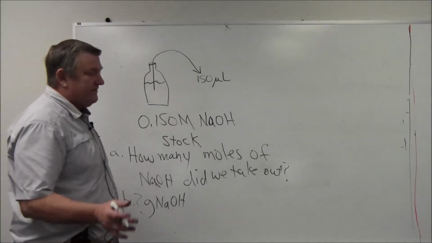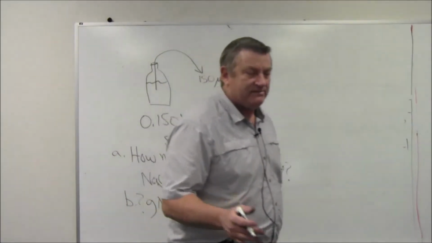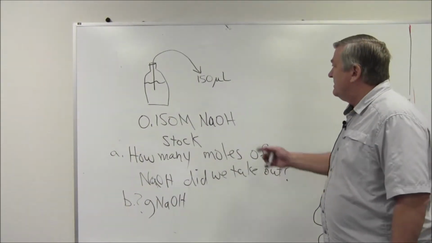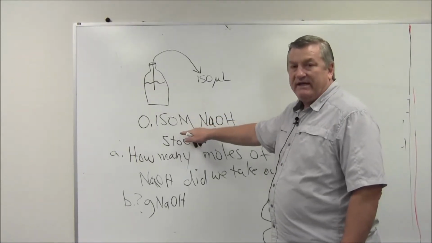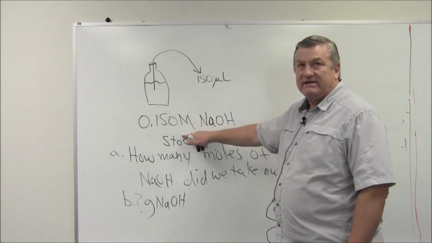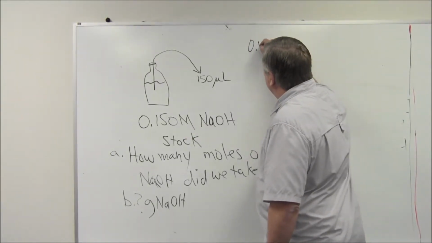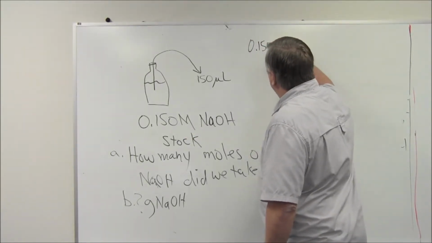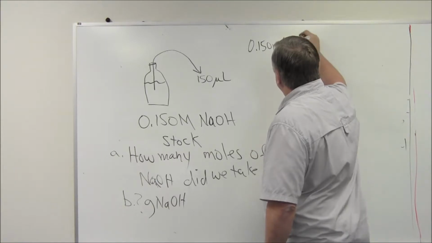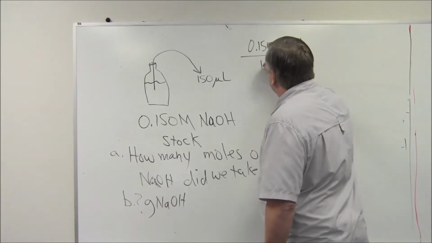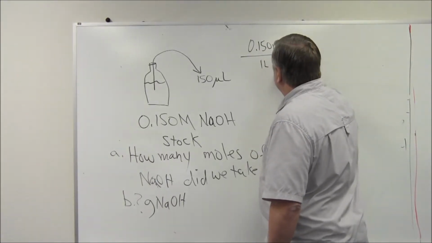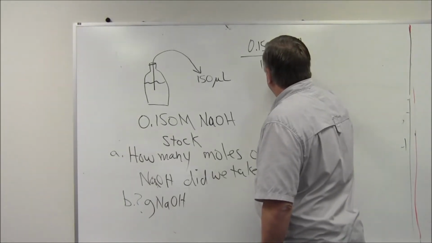Whenever you're not doing a molarity calculation, but they're giving you a molarity, like here, this is going to be a conversion factor. We're going to rewrite it as 0.150 moles of sodium hydroxide per 1 liter of sodium hydroxide solution.